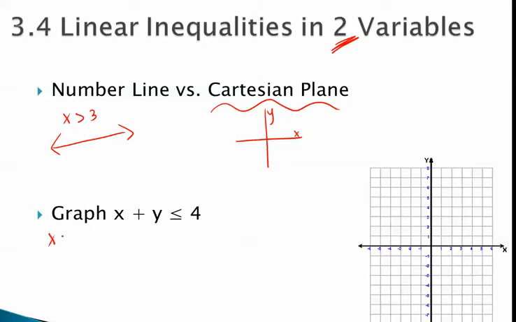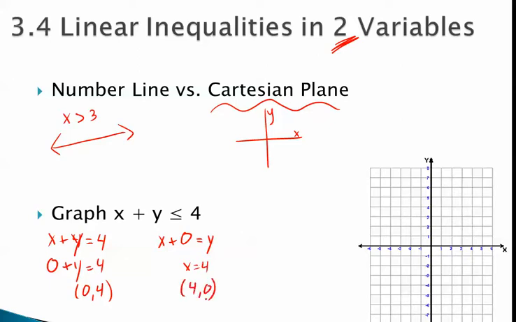So I can take x plus y equals 4, and I can graph it, and I can do this in any number of various ways. I want to do this one by doing the intercept. So if I put in 0 for x and solve for y, my y-intercept will be 4. And if I go to solve for the x-intercept and plug in 0 for y, my x-intercept is 4, 0.